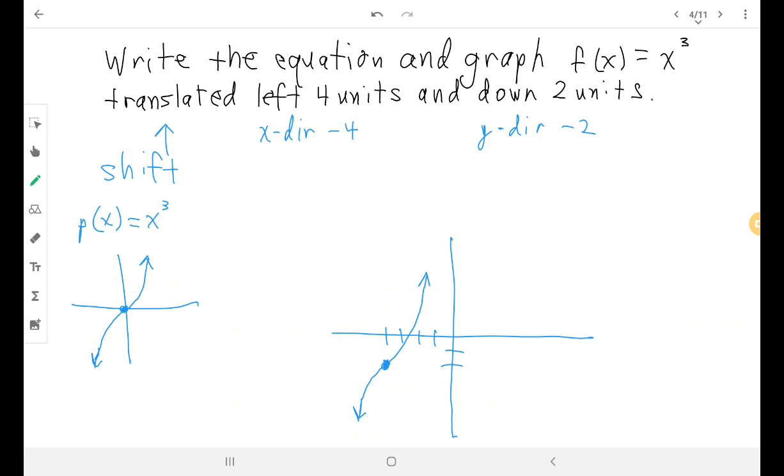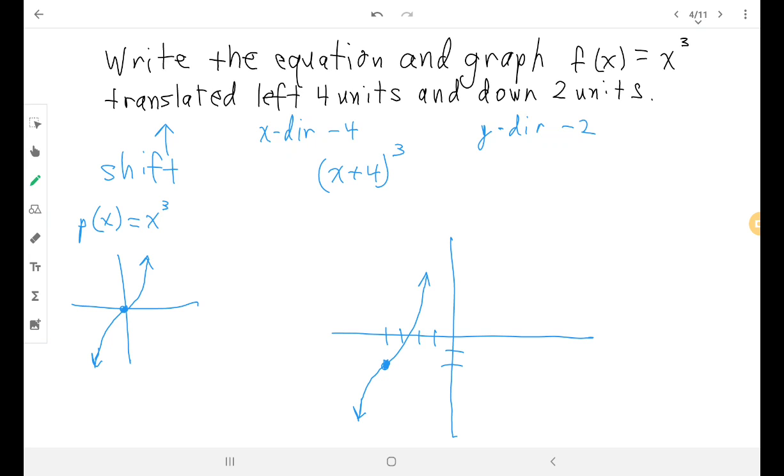So now, remember, x direction means grouped with x, right? So grouped with x and opposite. So if it's a shift in the x direction of -4, that would mean I need to do +4. And then I need to make it like the parent function, which means I need to cube that.